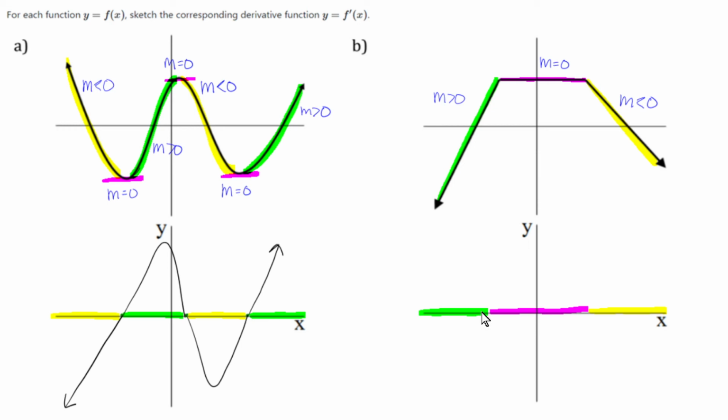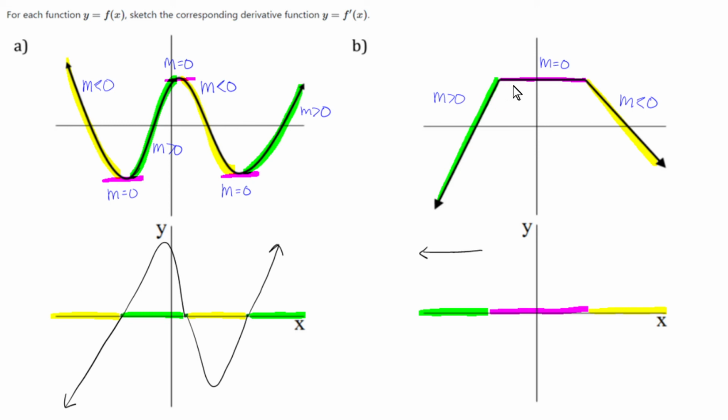Now note that the three line segments that make up this function here are linear functions, which means that when we're drawing, if we're looking at this part here where the slope is positive, it's going to be just a horizontal line, like so, because the slope is constant. Okay.